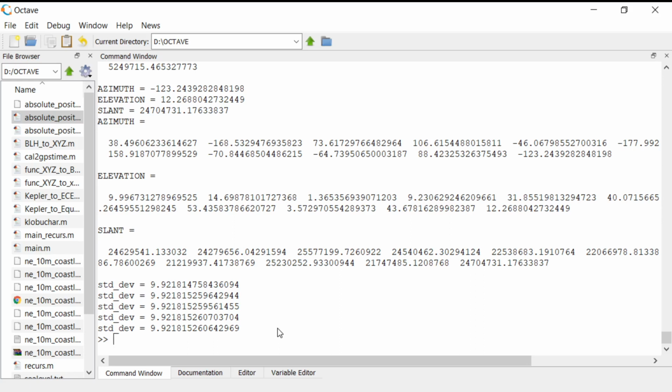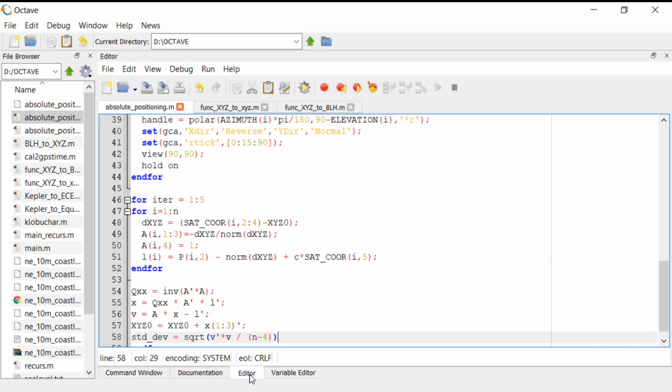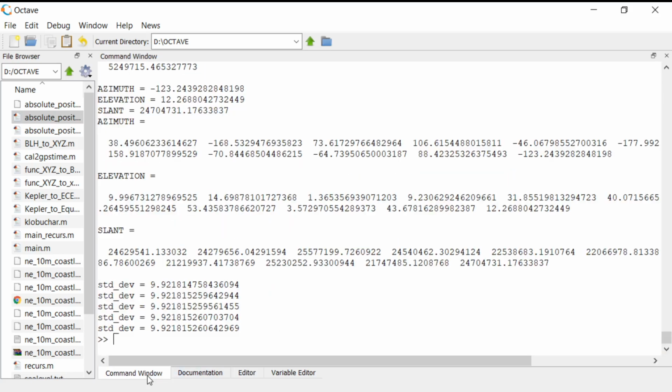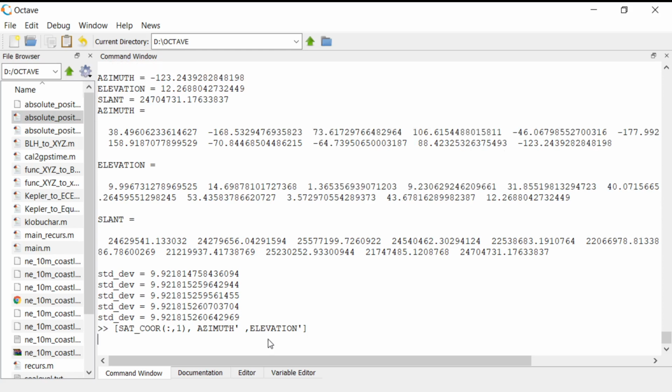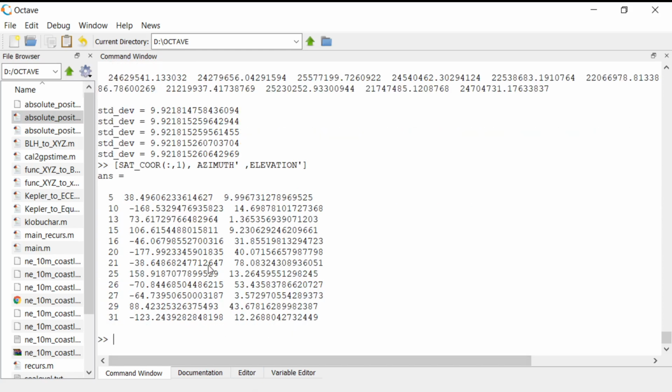It's a little bit large because we have some problems here, and the problems can easily be understood by plotting the azimuth and elevation. So you can see the elevation. For example, the 13th satellite is 1 and the 27th satellite is 3.